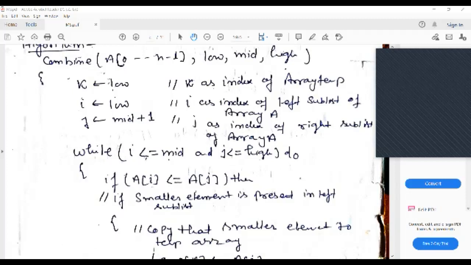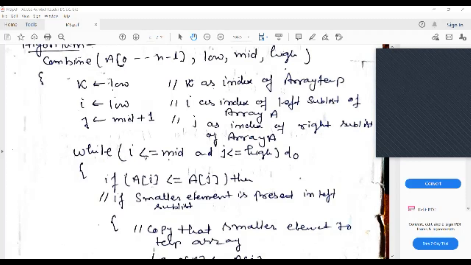See which one is smaller, either the first element of the first sublist or the first element of the right sublist. According to this, if the element is smaller, just keep that element in the temporary array.